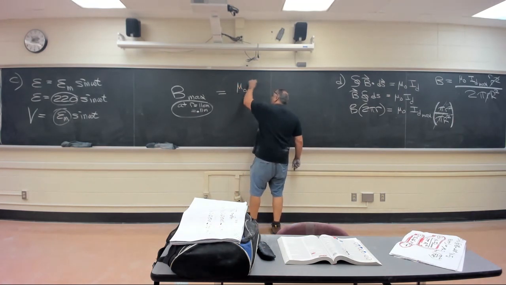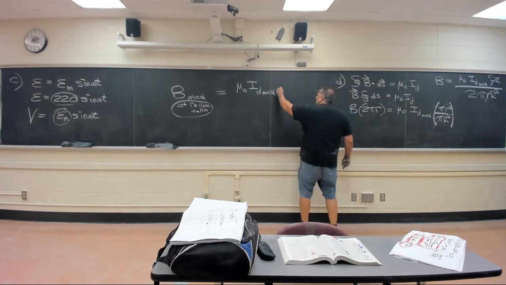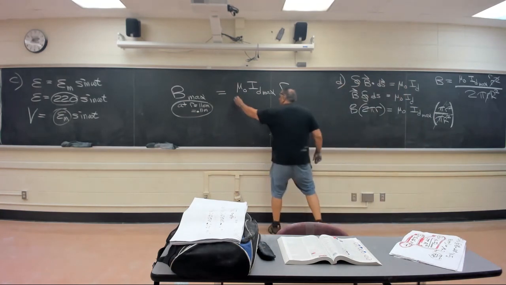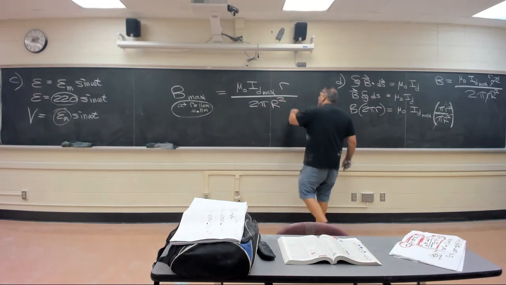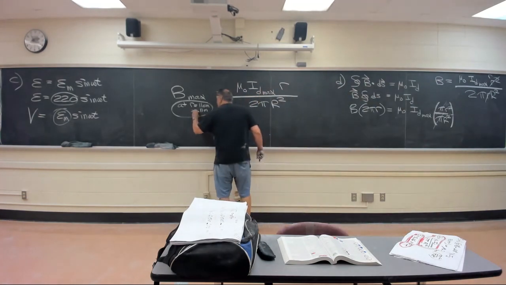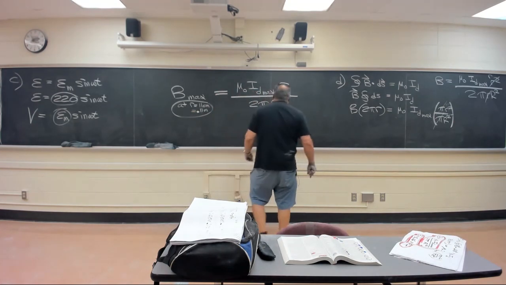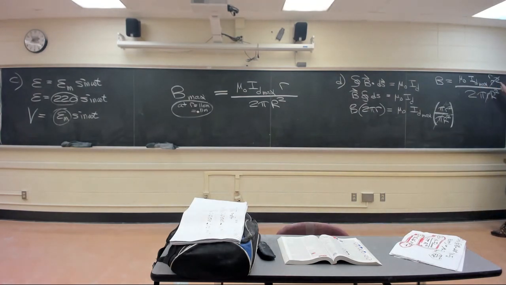That's mu 0 ID max r over 2 pi R squared. Small r into small r squared is just an r right here, and you've got this. That's it.